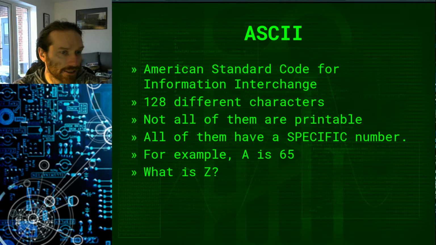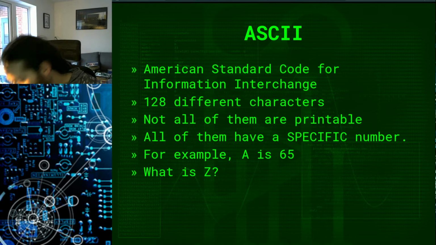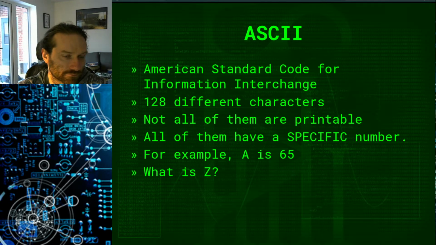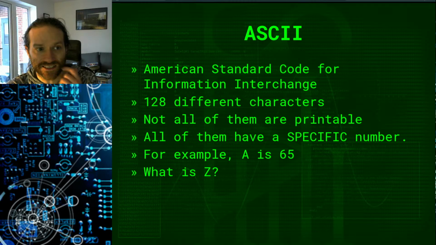Not 89 because A is 65. If you subtract 65 from that, you get 0. If you go all the way up to Z, that would be 25. So if you add 65 to 25, you get... You're very close. Both of you are very close. Yeah, it's 90. 90 is capital Z.